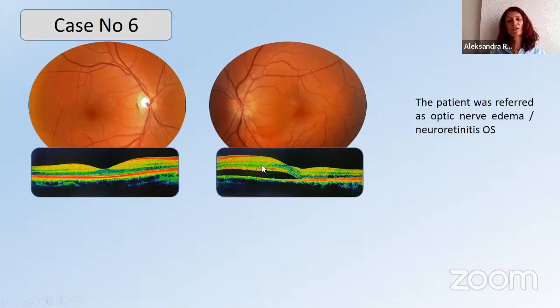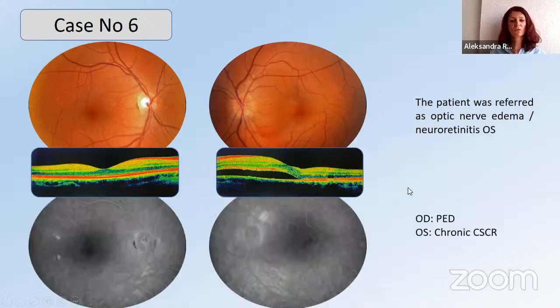We did the OCT and it was atypical for neuroretinitis, so we did fluorescein angiography and saw 2 pigment epithelial detachments in the right eye and one point of leakage showing central serous chorioretinopathy in this eye. So actually, in this case, corticosteroids are contraindicated.